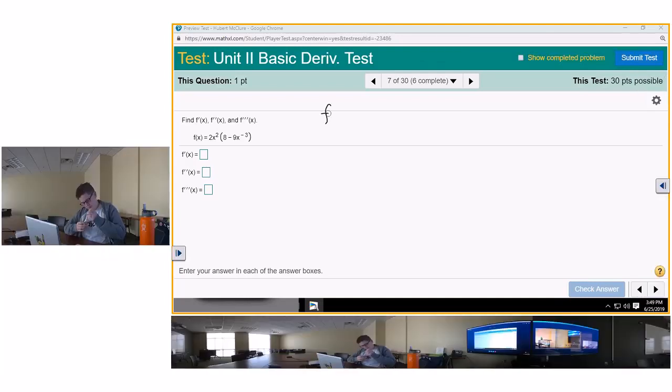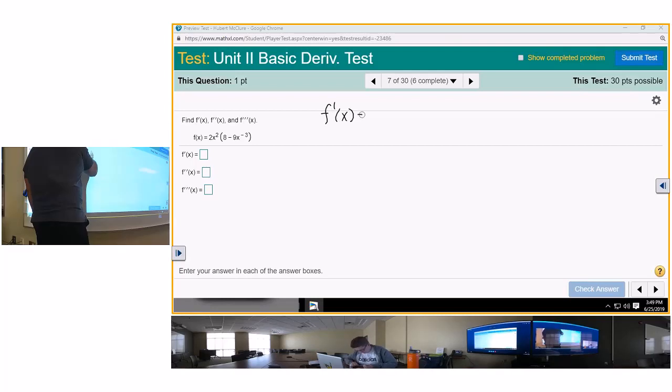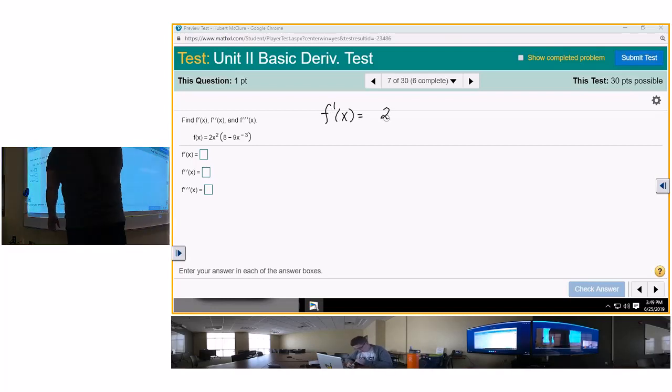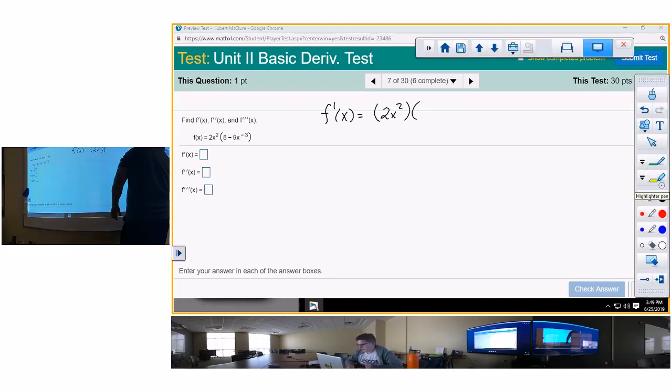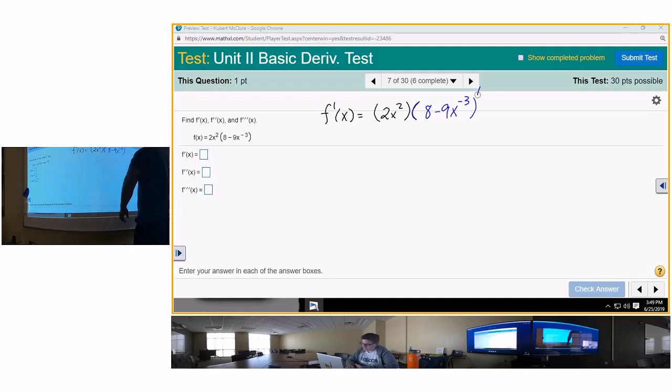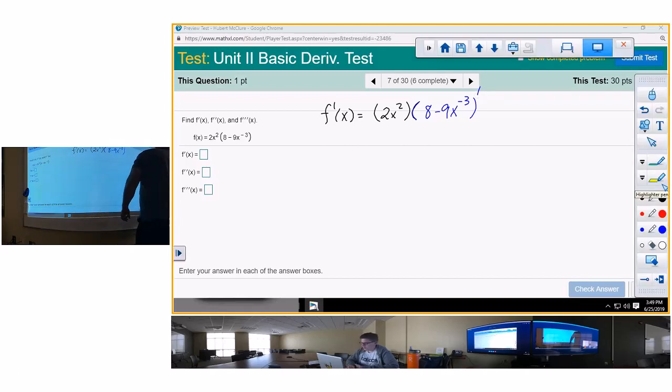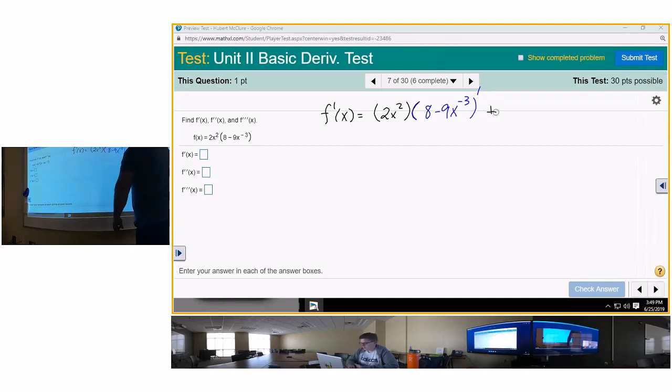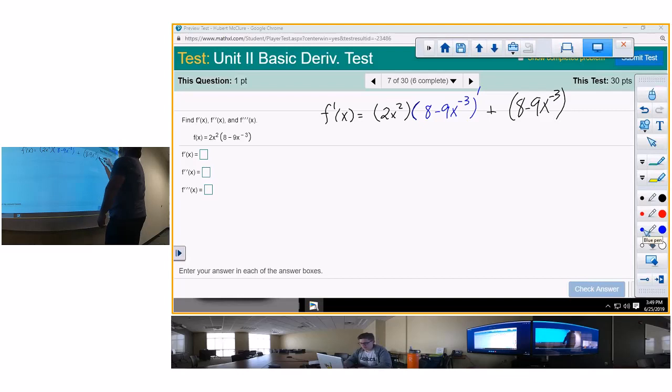Okay, f times f prime of x, the first times the derivative of the second. That's going to be 8 minus 9x to the negative third, plus the second times the derivative of the first.